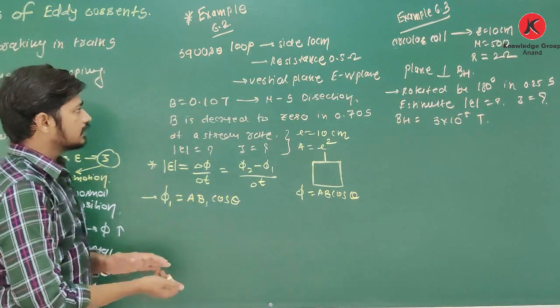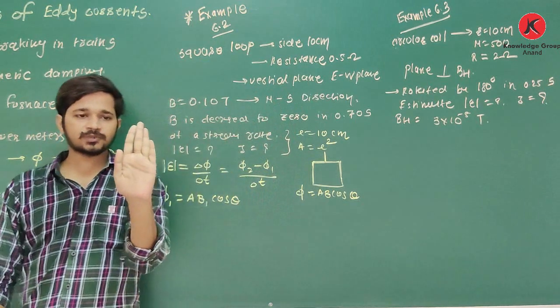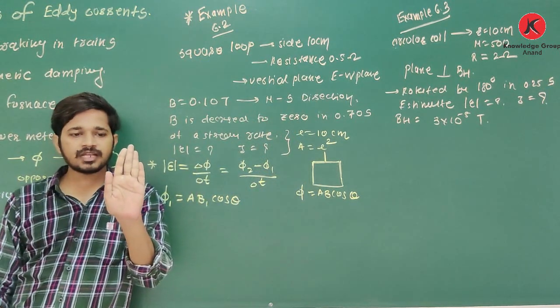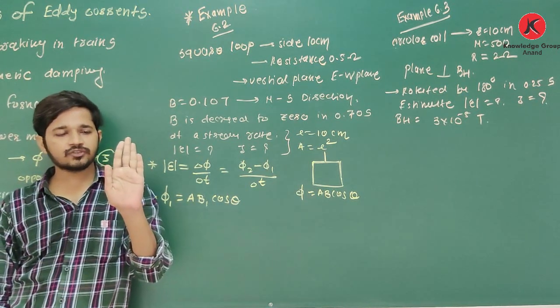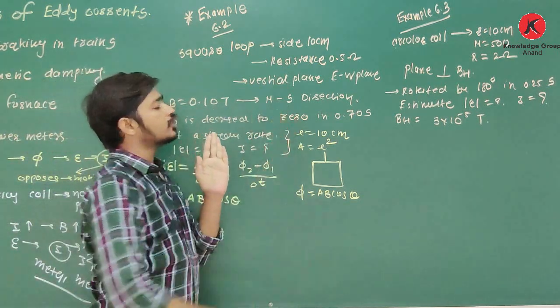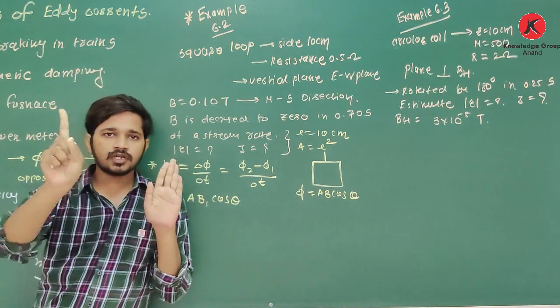See, this square loop is placed in a vertical plane, in the east-west plane like this. So its area vector is normal to it. Also, the magnetic field B is in the north-south direction, again in this direction. Clear about this?